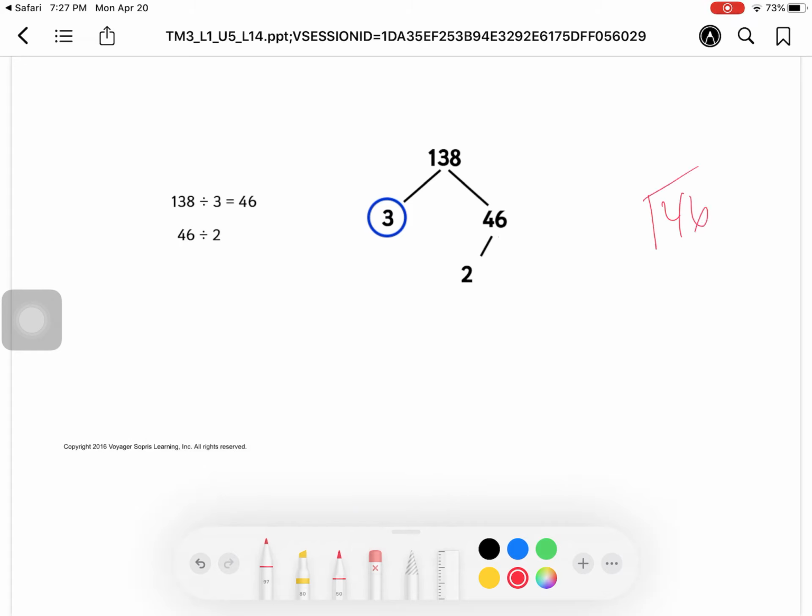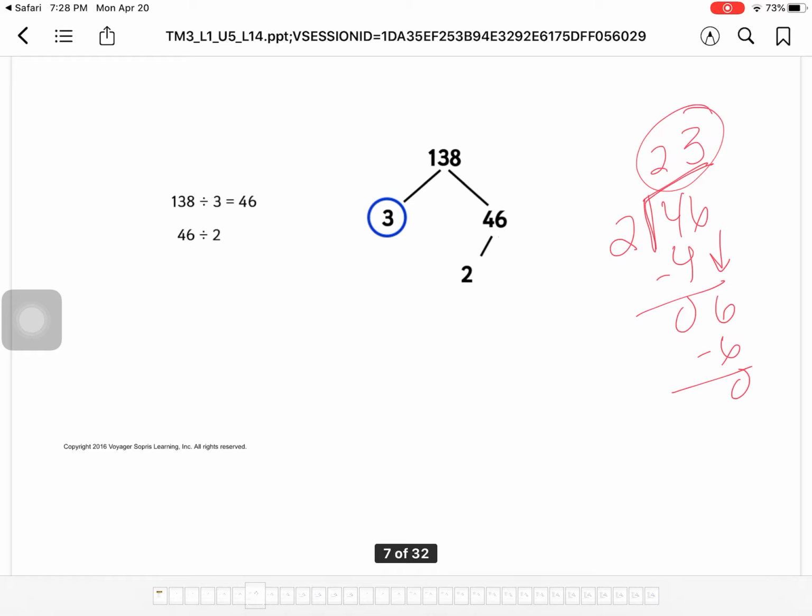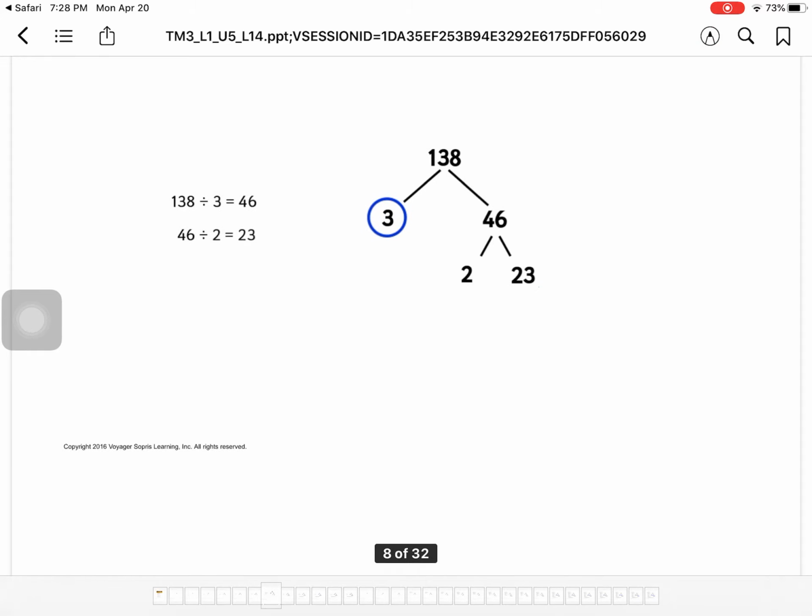If I take 46 and divide it by 2, I know 2 will go into 4 2 times. Subtract to bring down my 6. And then I know 2 will go into 6 3 times. So 2 times 3 is 6. So I know that half of 46 is 23.